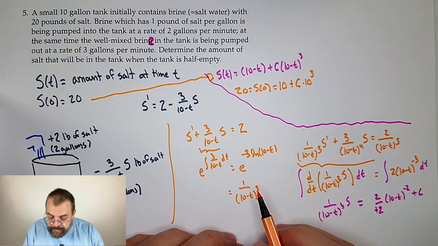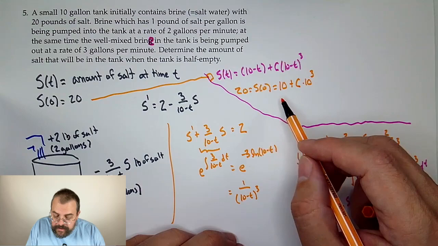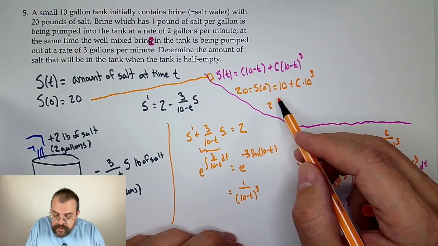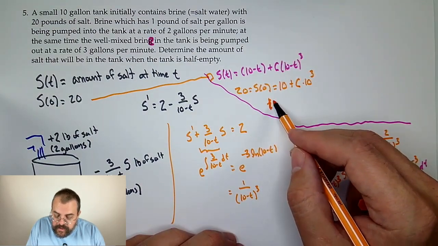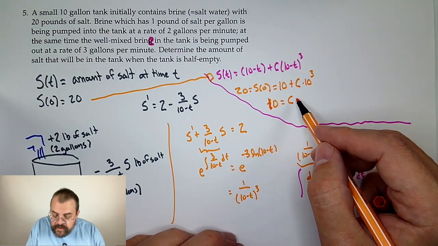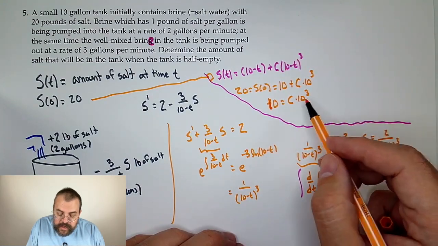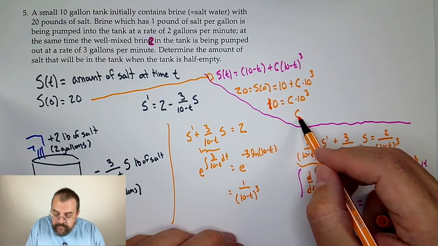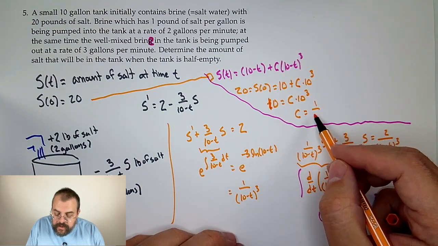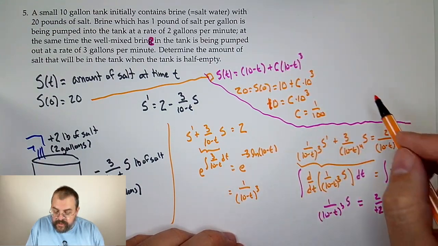Ooh, that's a big number. So 20, subtract 10, so 10 is some constant times 10 cubed. And then I can divide both sides by 10 cubed. So c is 1 over 10 squared, or 1 over 100.